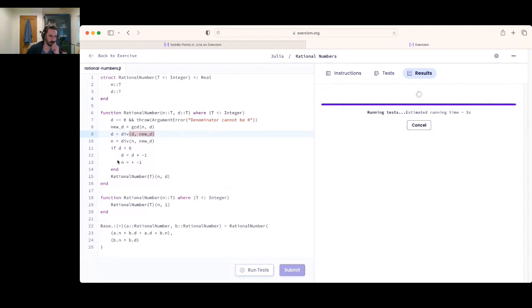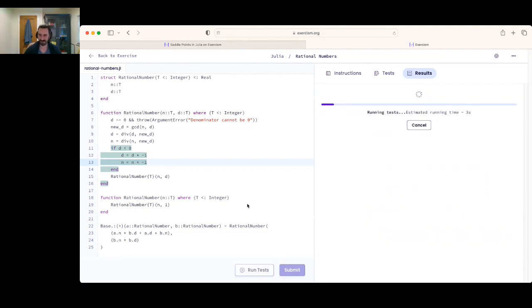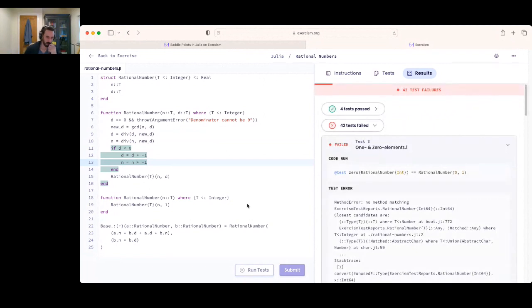Let's see what happens. Oh, no, that's going to fail. Whoopsie. Ah, my first error. It's doing so well. Let's see where this goes. Yeah, okay, so it's still failing.